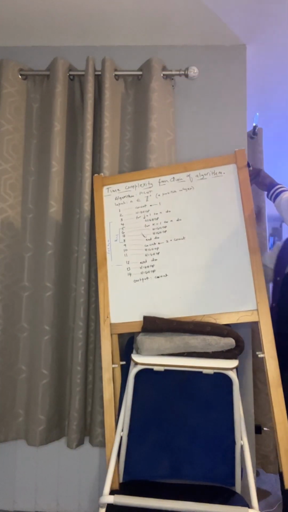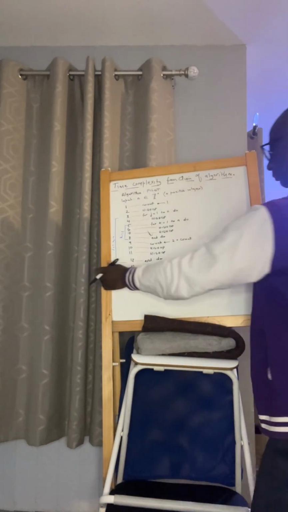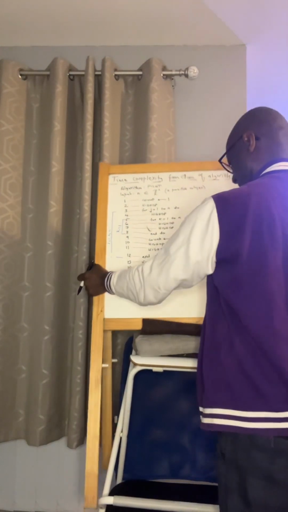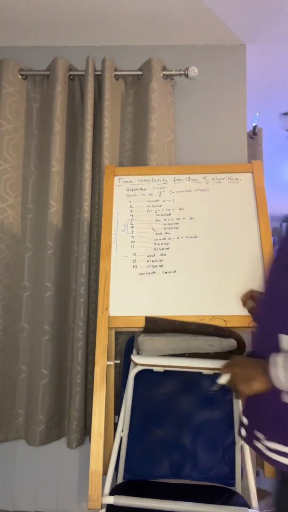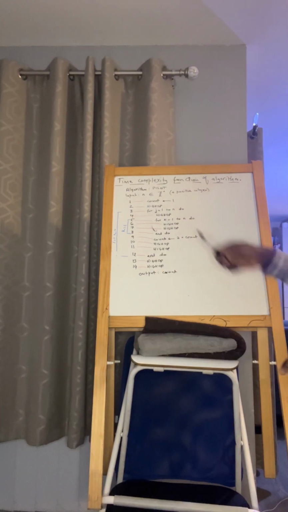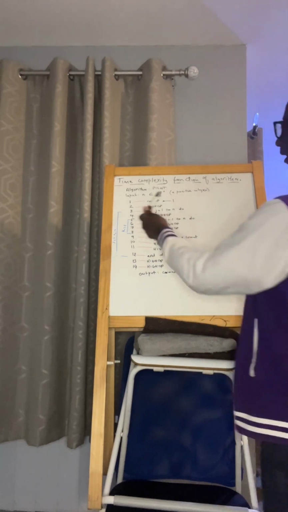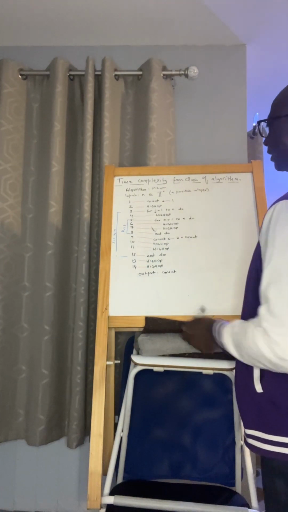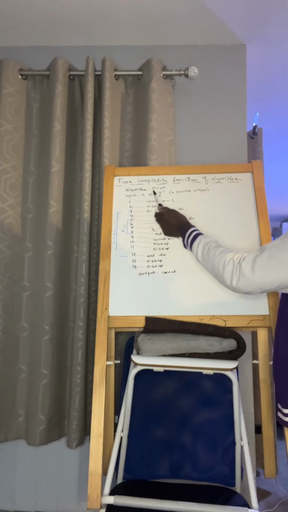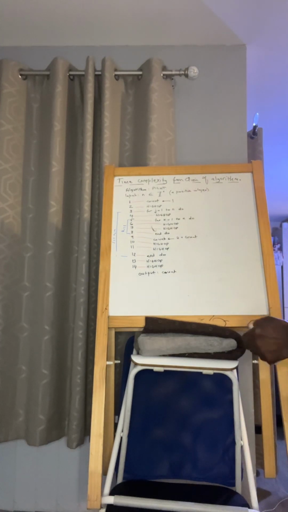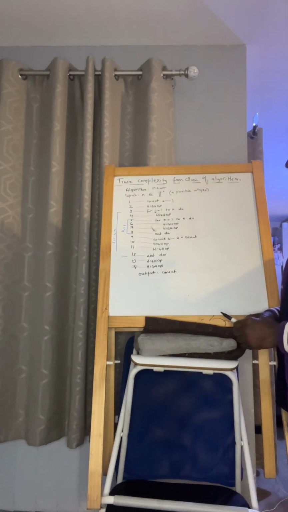Let's turn the board so that we can be able to see our code. This is the code, time complexity function of algorithm. The program here, we call it pilot, and the input is integers, positive integers to be specific.